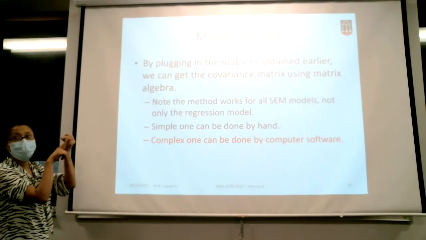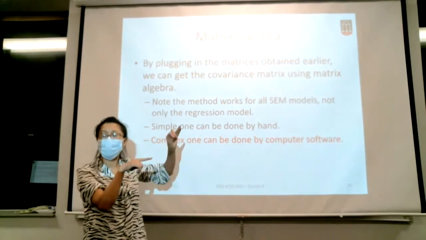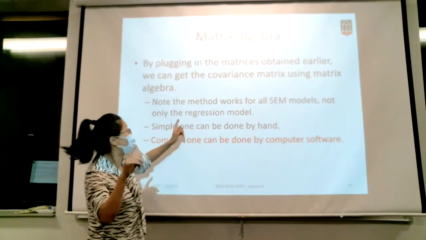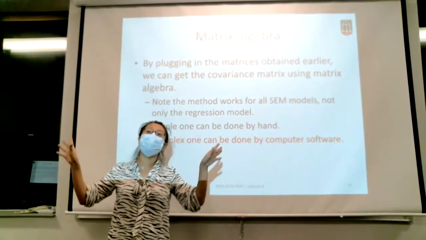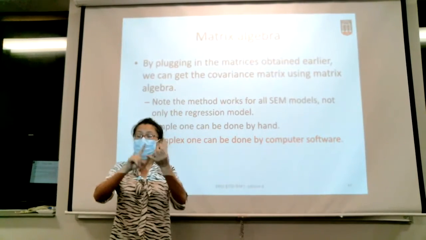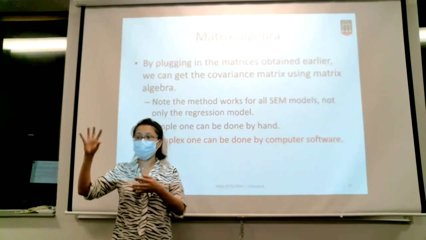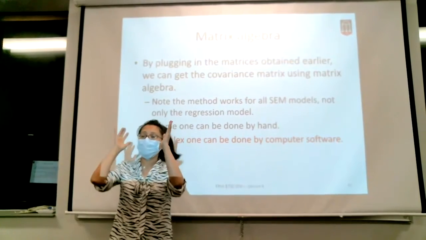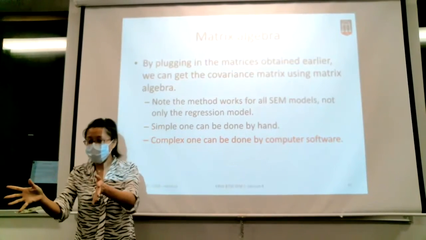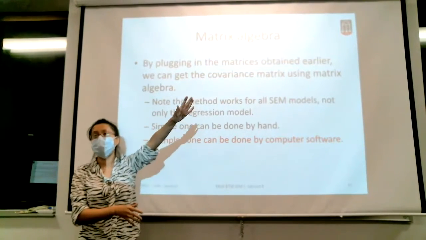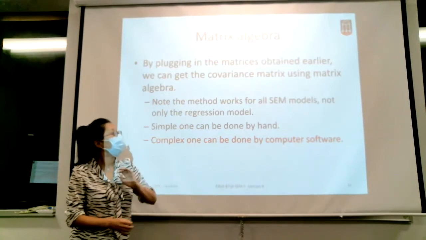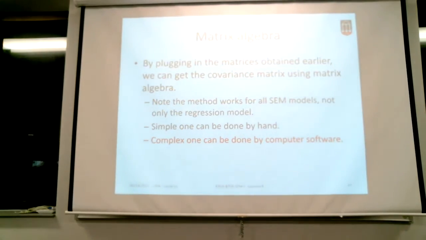We just used a simple linear regression and a multiple linear regression as our two examples, but this method works for all SEM models: mediation, moderation, MIMIC model, or other SEM models. You can figure out the F matrix, the A matrix, the S matrix, and by using the formula, all the SEM models can be obtained by this method.